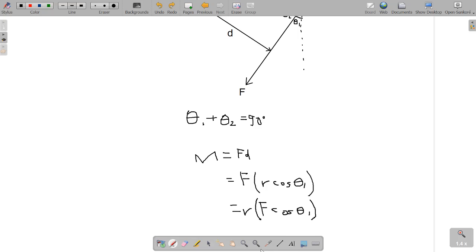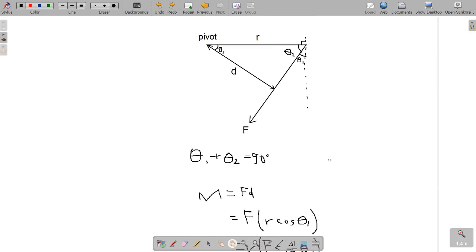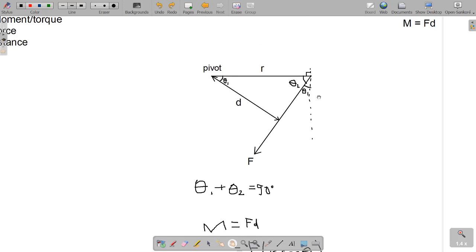So now we'll do some resolution of forces. Here's F. If you don't understand resolution of forces, you can go forward in the video and watch that part first before coming back. So this is F, and now I'll resolve this into two components. I'll use a different color.